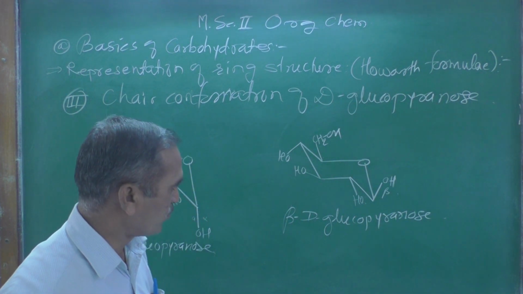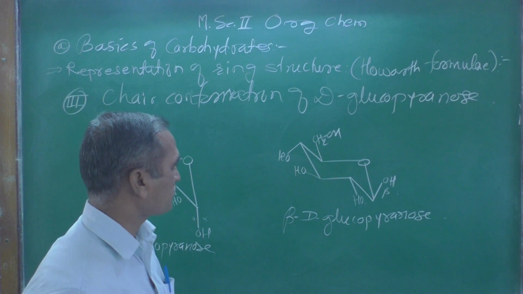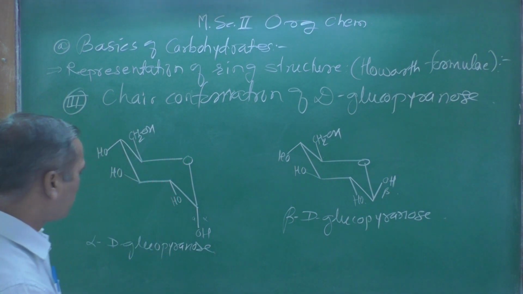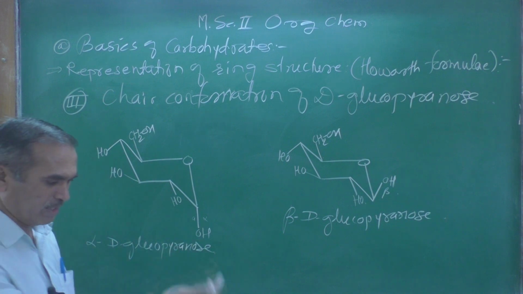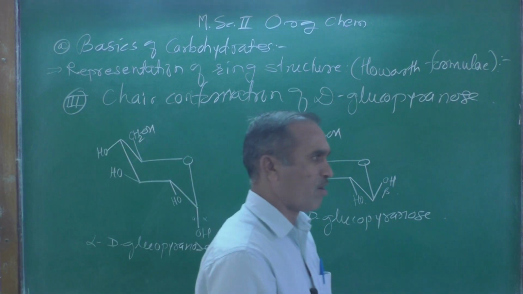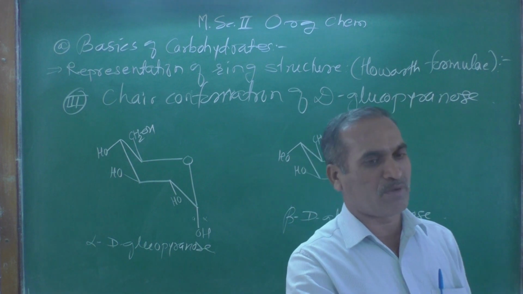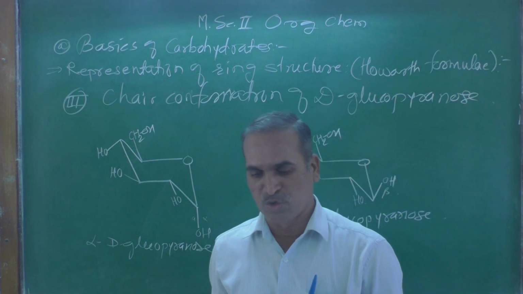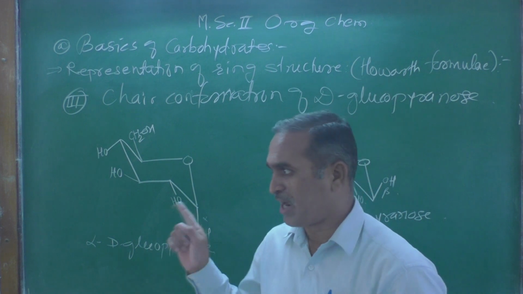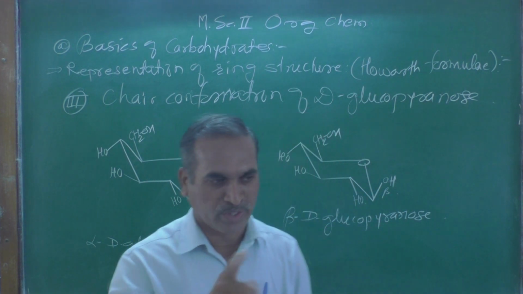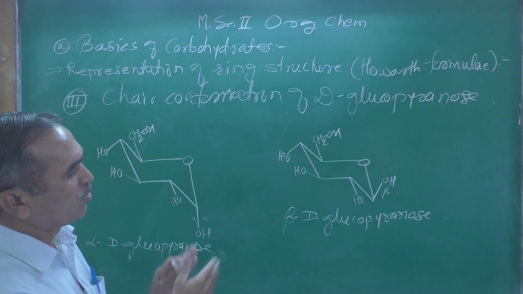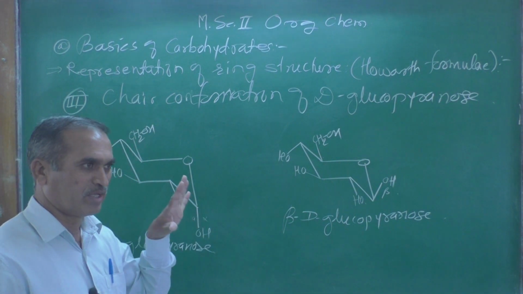If you compare the stability of the alpha form and the beta form, which is more stable?